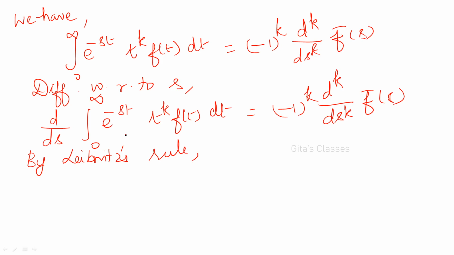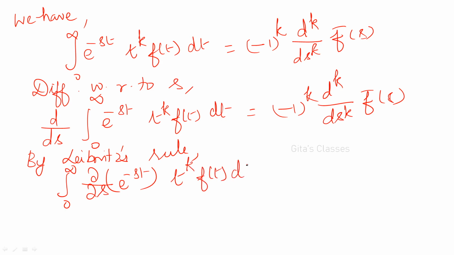Take the differentiation under the integral sign. So this will become integral 0 to infinity del by del s of e^(-st) into t^k f of t dt is equal to (-1)^k d^k by ds^k f bar of s.